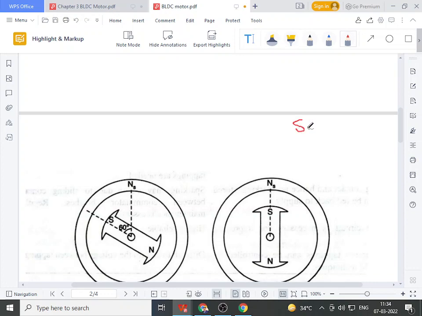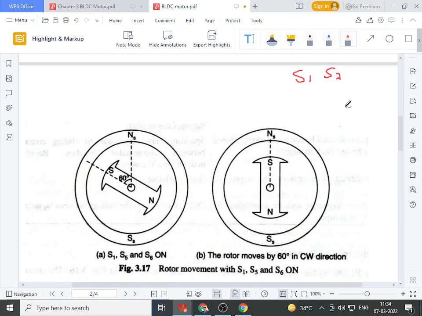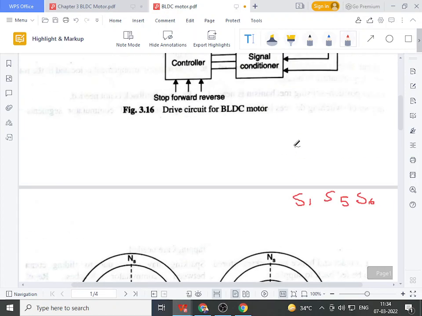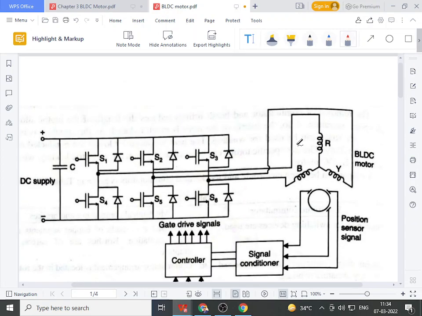So the first switching sequence is S1, S5 and S6. Now, with these three switches on, that means one switch from the upper leg and two switches from the lower leg.